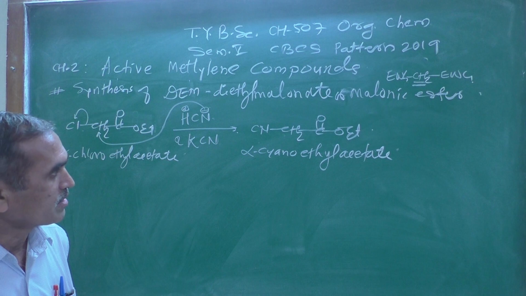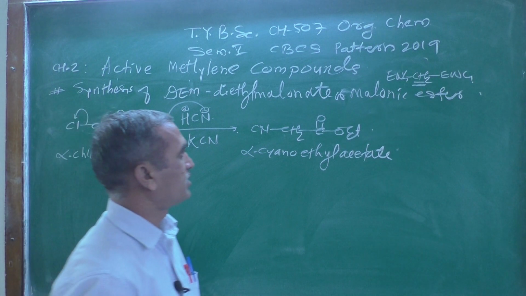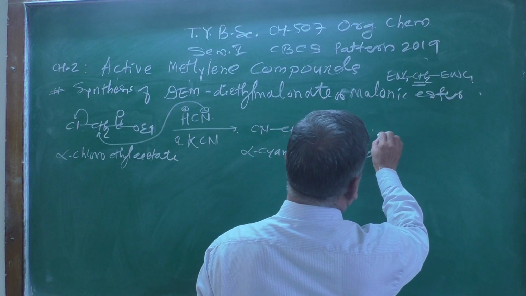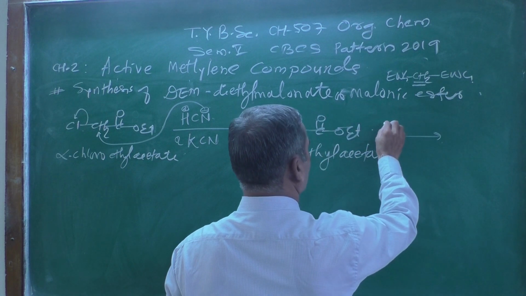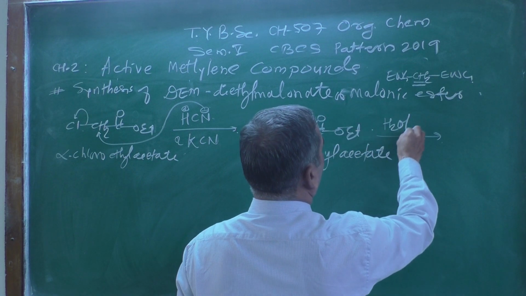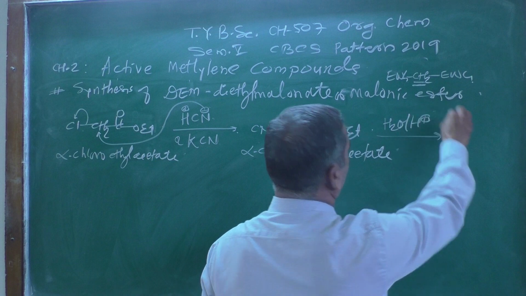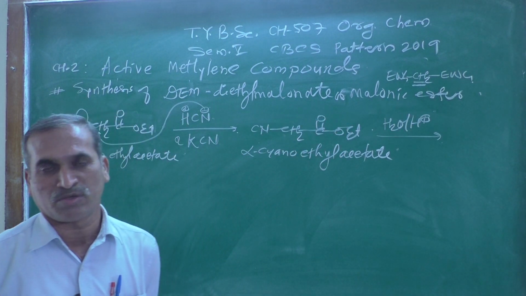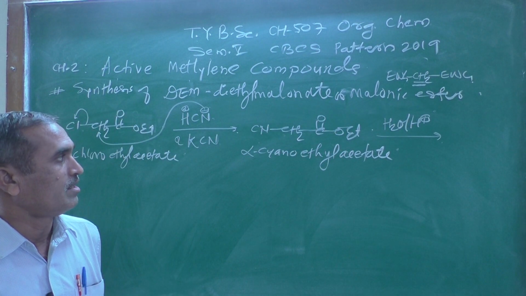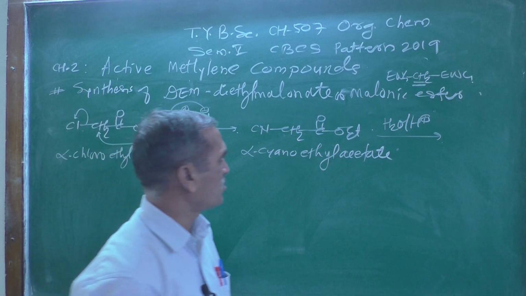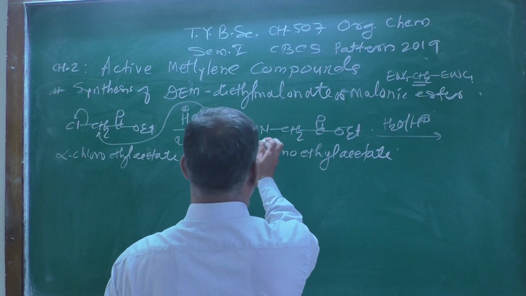Now this compound is further treated with hydrolysis, as we know, H2O in presence of a catalytic amount of acid, or we can use a mineral acid like HCl. What is going to happen?